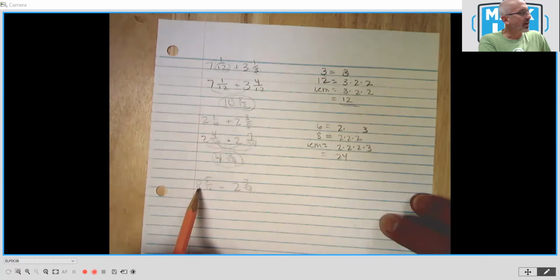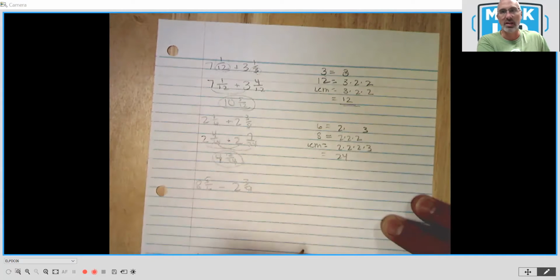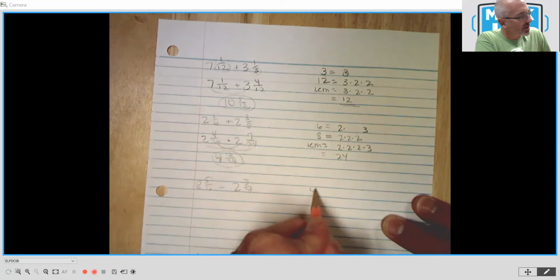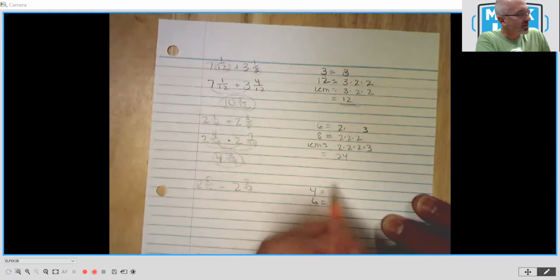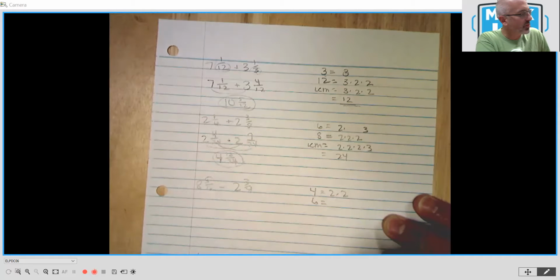So we have here 8 and 5/6 minus 2 and 3/4. We need to get a common denominator. So we're going to do our two prime factorizations. 4 is 2 times 2, and 6 is 2 times 3.